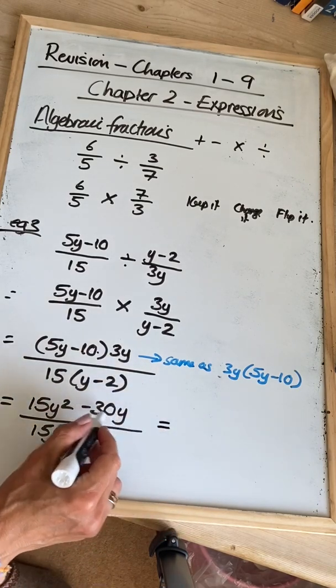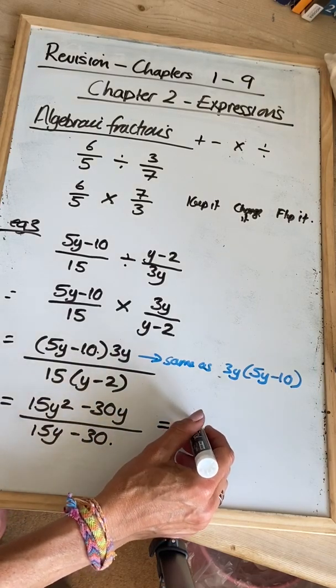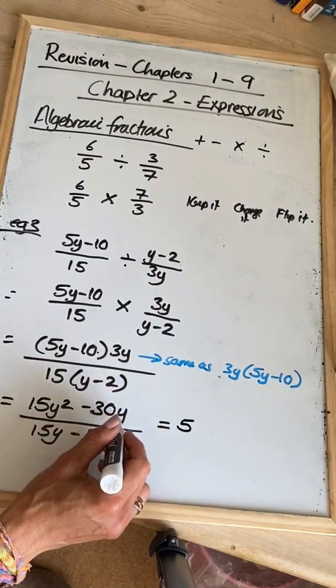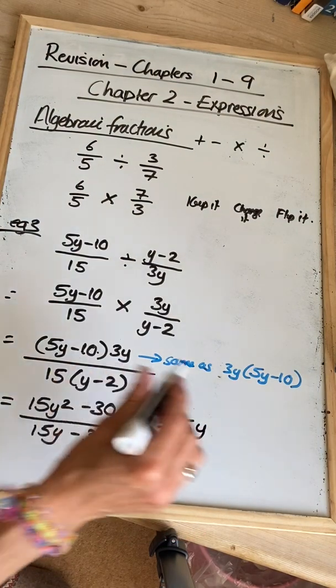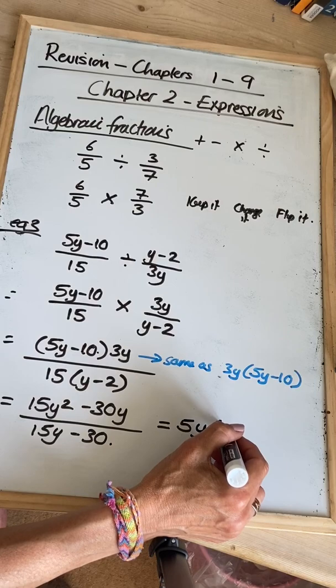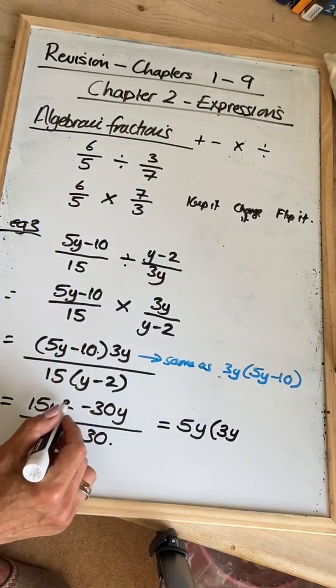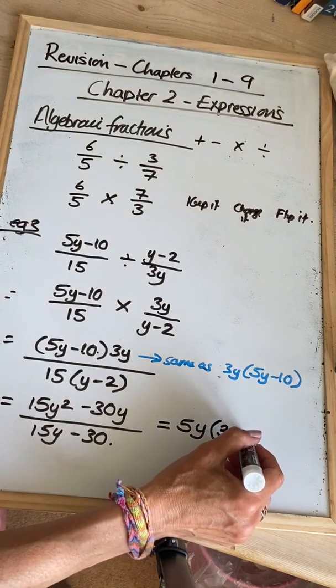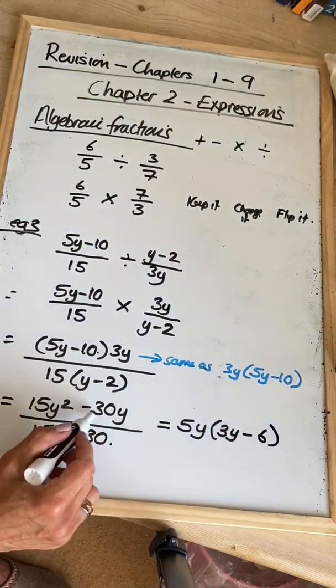Common factor on the top, well, they're both in the 5 times table. So 5, and they've both got a y in. So I'm going to put a y there. In brackets then, I would have a 3y to make the 15y squared, and a minus 6 to make the 30y.